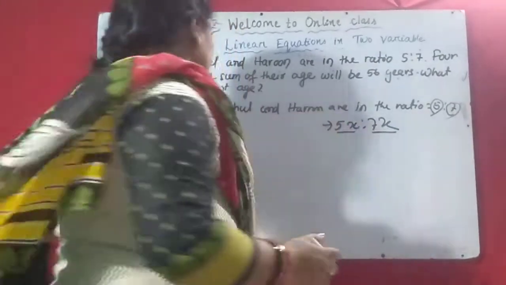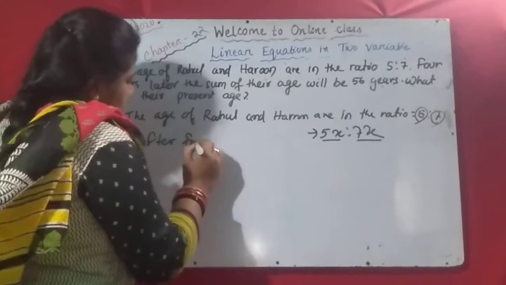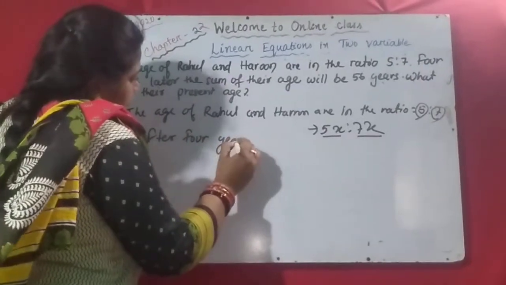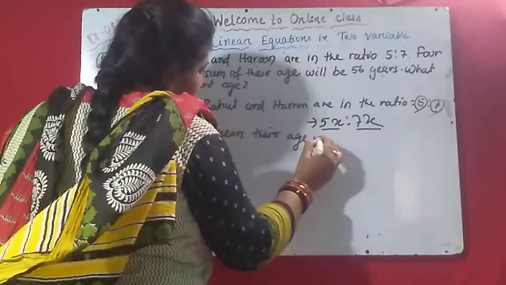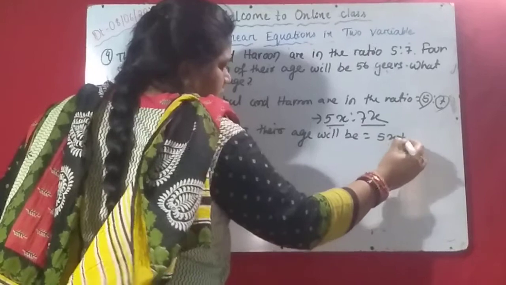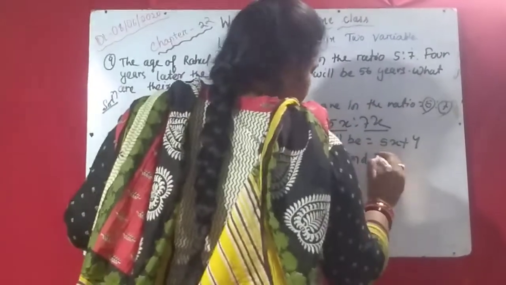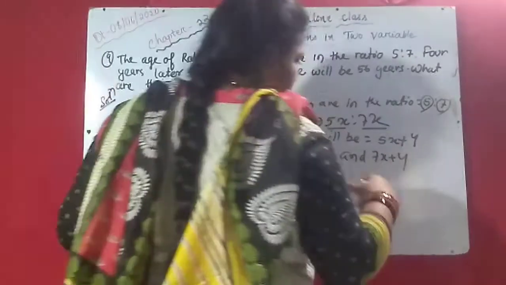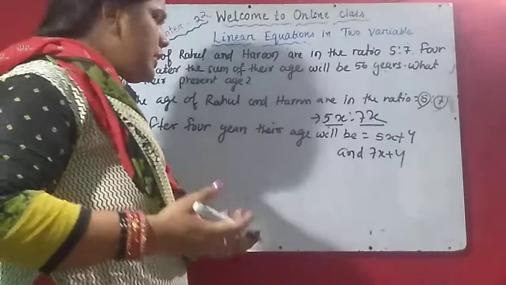So after 4 years, their ages will be 5x plus 4 and 7x plus 4, because both Rahul's and Heron's ages will be increased by 4 years.